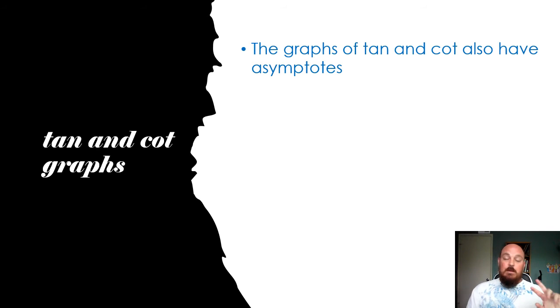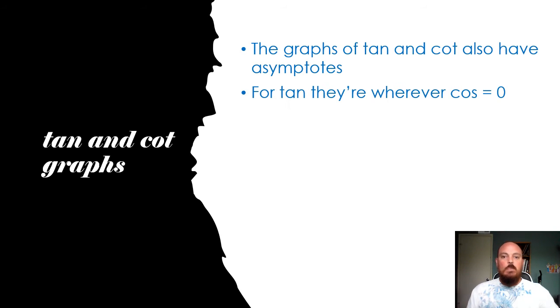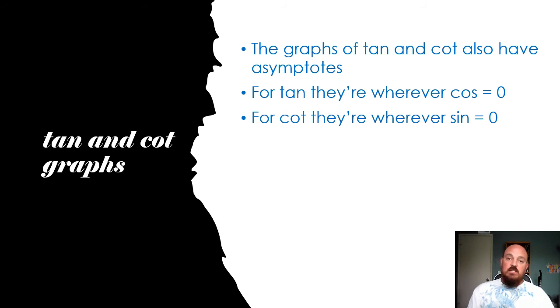And cotangent would be the opposite. It's the reciprocal, so it's actually cosine over sine. So anywhere sine is 0, cotangent would be undefined. So wherever cosine is 0, tangent is undefined, and for cotangent, where sine is 0.